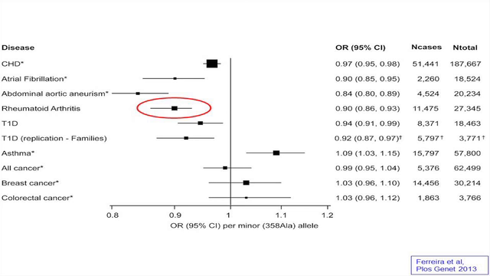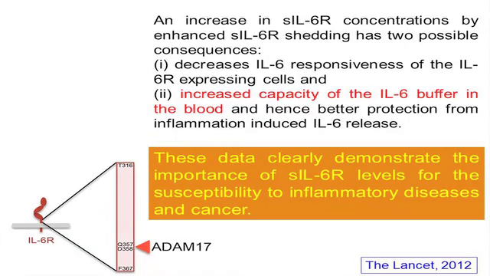So how might this work? I just told you the soluble receptor could make this trans-signaling response, but here it seems to be protective. So we think that it works as follows. Again, here you have the cleavage site, and an increase in the soluble IL-6 receptor concentration by enhanced shedding has two possible consequences. Consequence one is that the cells which express the IL-6 receptor are less responsive because the receptor is cleaved. It's not there anymore.